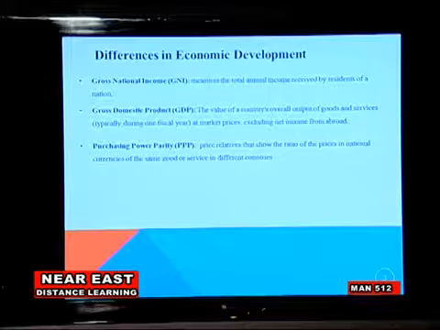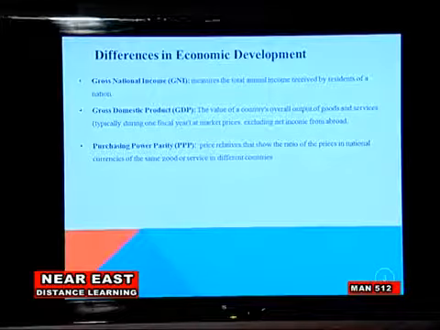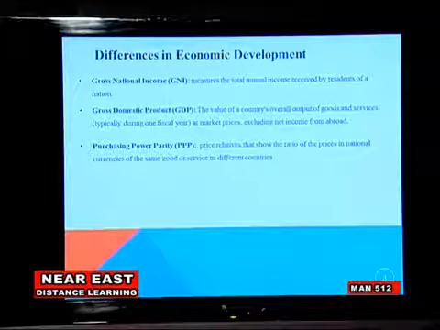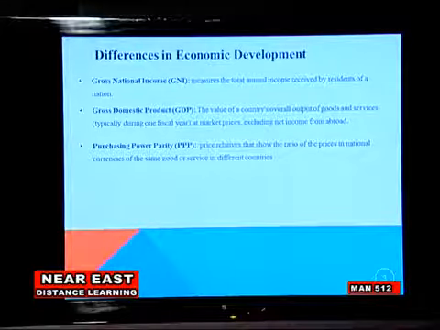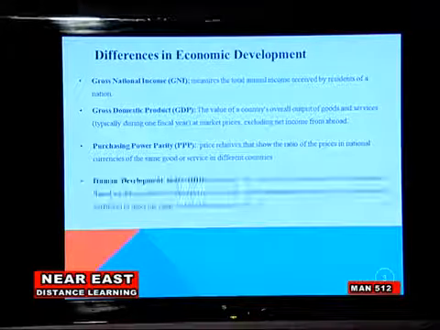It is the value of a country's overall output within a year, to what extent they produce goods and services, and they cover the fiscal period, and they exclude the net income from abroad. We have also purchasing power parity, which is price relatives that show the ratio of the prices in national currencies of the same good or service in different countries, to what extent we can buy the products if we were in another country.